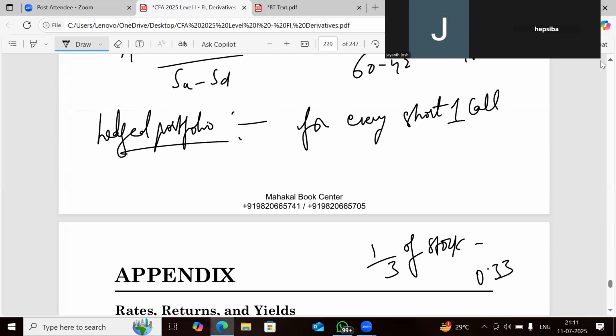That's coming 139 by 500. If I simplify again, it goes in decimal. So no need. So I have written it for every one. It's not that for every one short call, you will be long on one stock. For every short one call, if you short one call, you have to be 0.278 shares long of a stock.